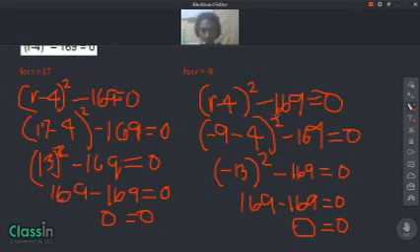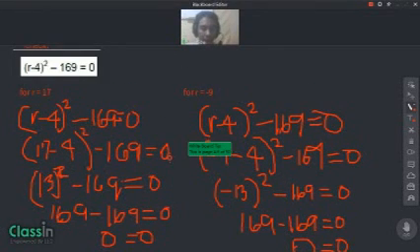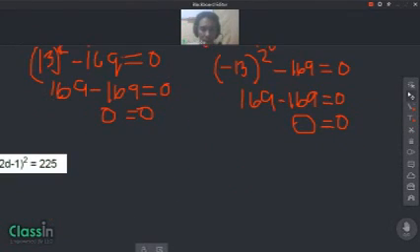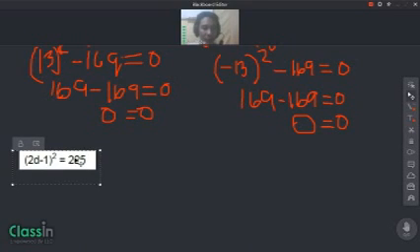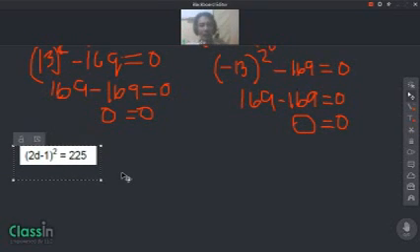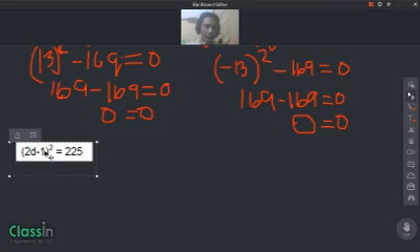Okay, so I hope you followed our solutions in solving quadratic equations by extracting the square root. So this is our second equation: 2d minus 1 quantity squared equals 225.